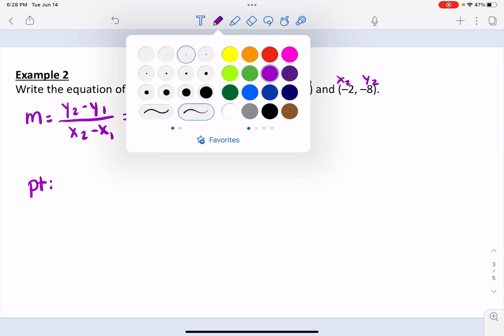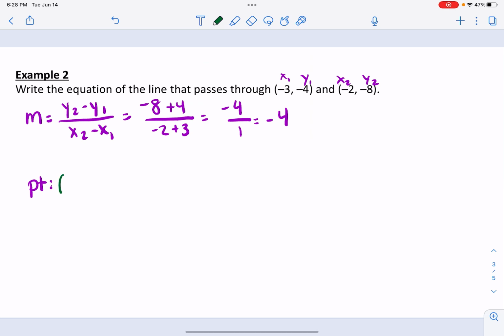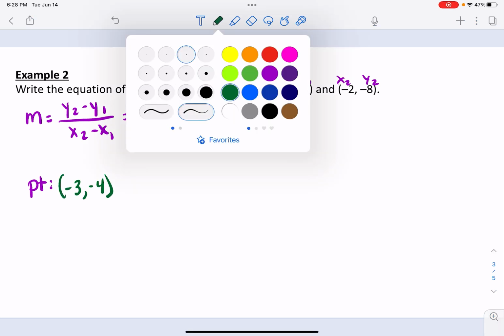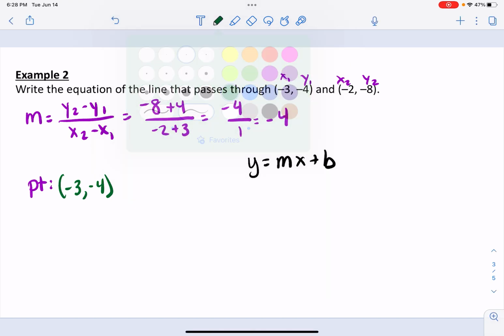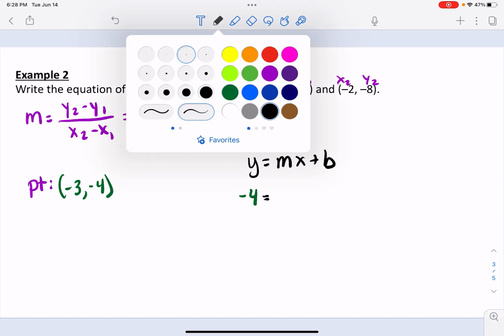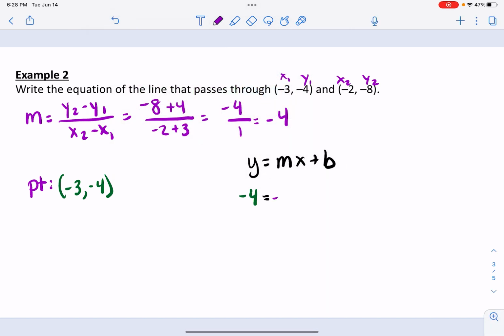Now pick a point. It doesn't matter which point you pick. It works for both points. I'll pick the first one. And then we plug into y equals mx plus b. So my y-coordinate is negative 4. My slope is negative 4 for the m.